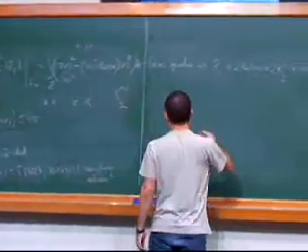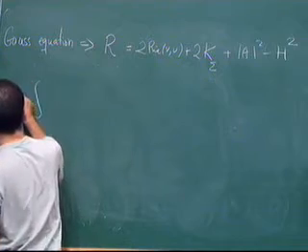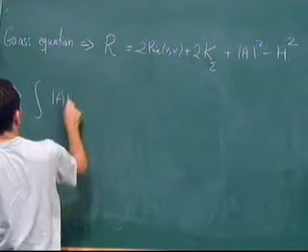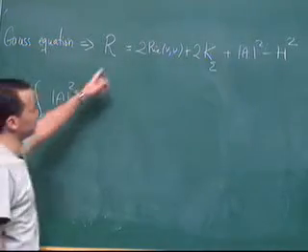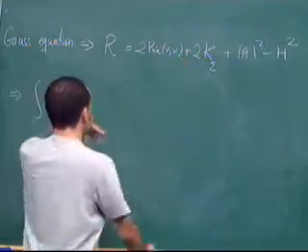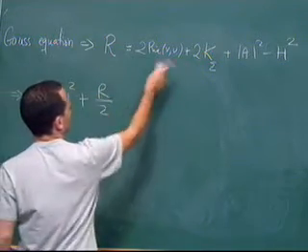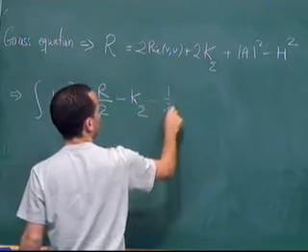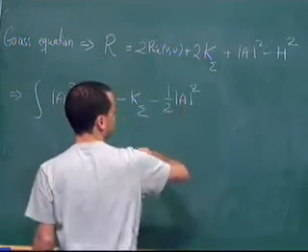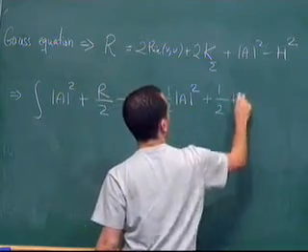So that implies the integral of |A|² plus, instead of Ricci curvature here, I will replace it by the formula that I get from the Gauss equation. Then I get 1/2 of the scalar curvature minus the Gauss curvature minus 1/2 of the norm of A squared plus 1/2 of H squared.